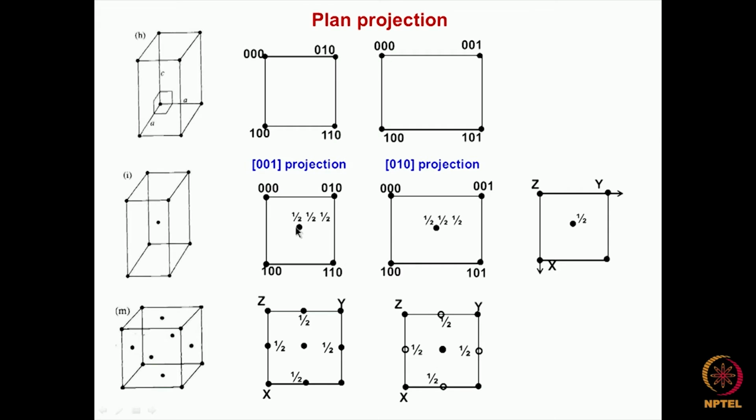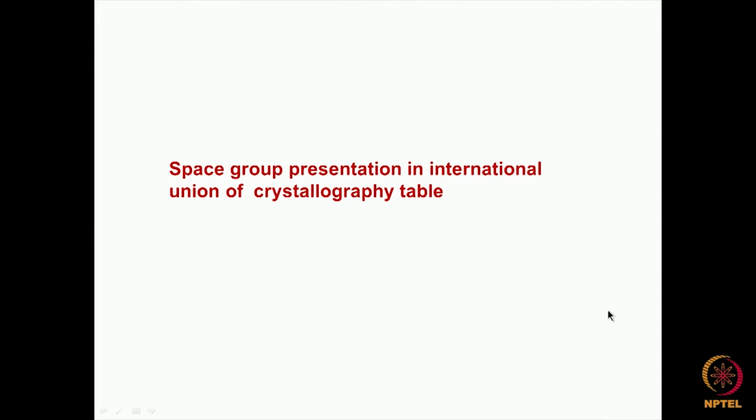So, this can be represented as having coordinates half, half, half, or in this projection it can be just shown at all these xy positions, only the z position is half. This way also it can be shown. This is what is generally used, this sort of projection, in the case of space group symmetry when we represent it.